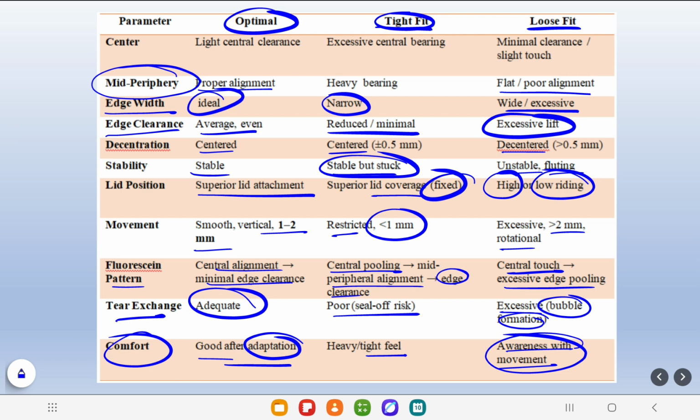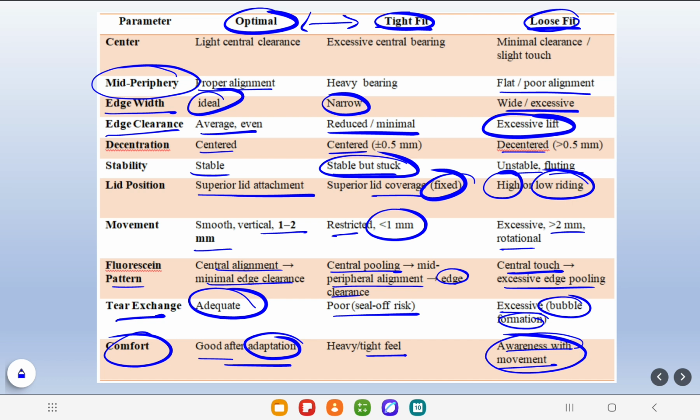That's the main characteristics of optimal, tight, and loose fitting. For loose fitting you don't need to worry, but for optimal and tight fitting you have to distinguish between the two, because there is sometimes a problem distinguishing them. Many things are similar, but you have to distinguish between them.